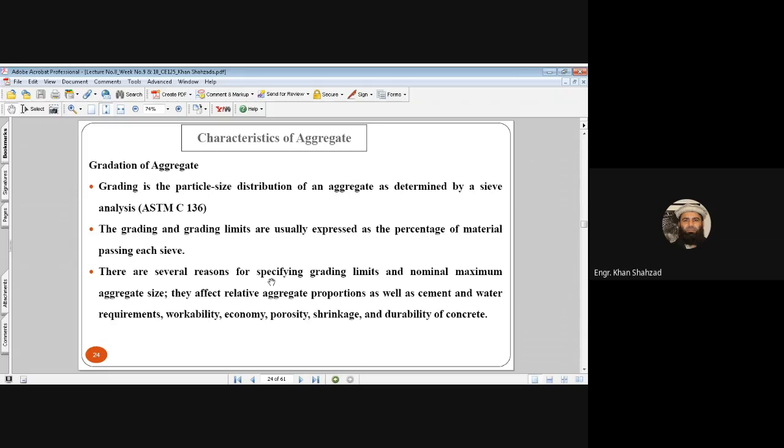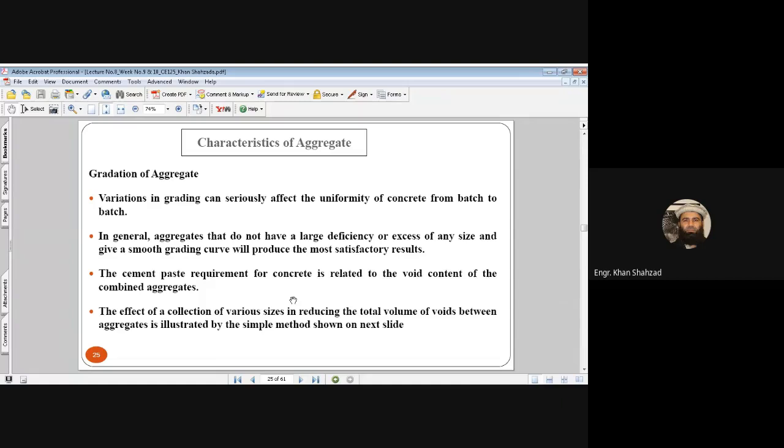So how can you get well-graded aggregates? You can get this with the help of gradation of aggregates or sieve analysis. Variation in grading can seriously affect the uniformity of concrete from batch to batch. If you are changing the grading of aggregates from one batch of concrete to another, it will seriously affect the uniformity of the concrete.